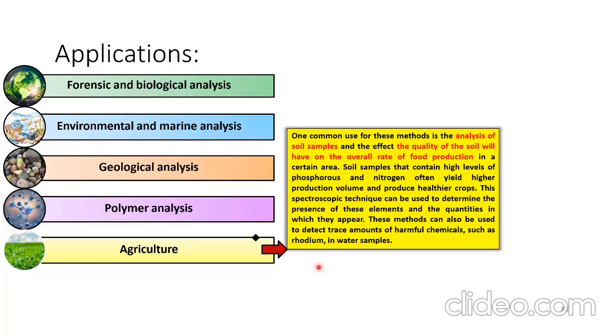One common use of these methods is the analysis of soil samples and the effect of soil quality on the overall rate of fruit production in a certain area. Soil samples containing high levels of phosphorus and nitrogen often yield higher production volume and healthier crops. So this spectroscopy technique can be used to determine the presence of these elements and the quantity in which they appear.